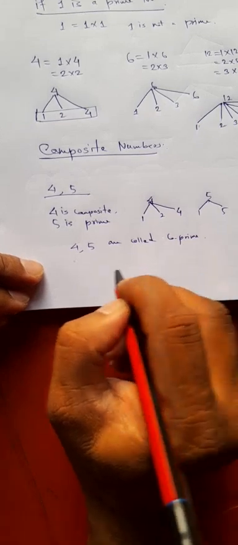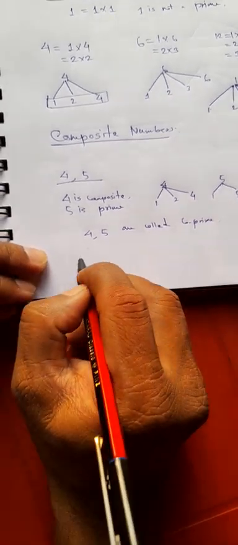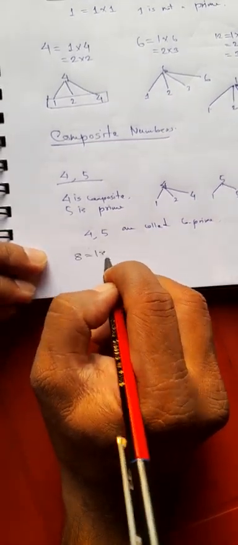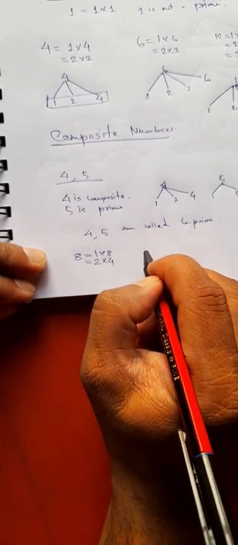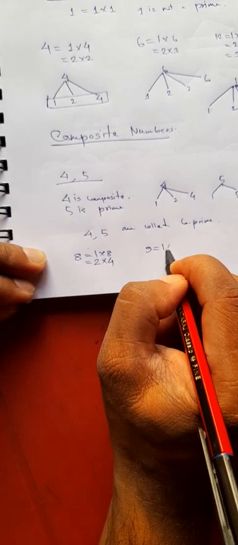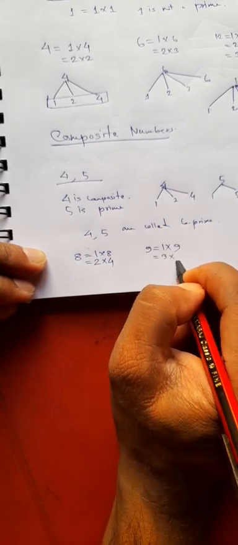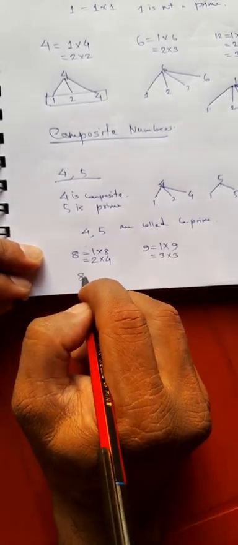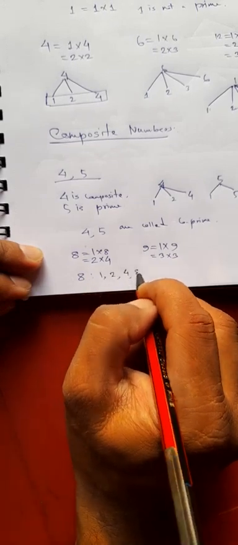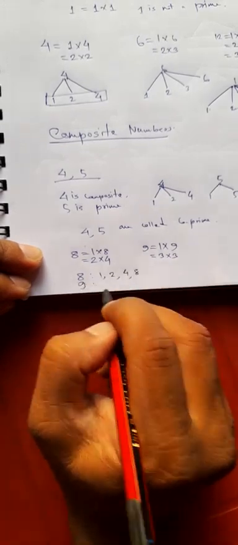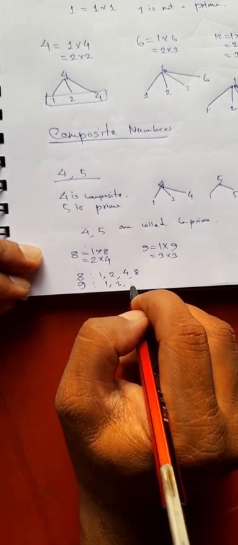Similarly, 8 and 9. You see factors of 8: 8 ones are 8, 2 fours are 8. Factors of 9: 1 nine is 9, 3 threes are 9. Now factors of 8 are 1, 2, 4 and 8. Factors of 9 are 1, 3 and 9.